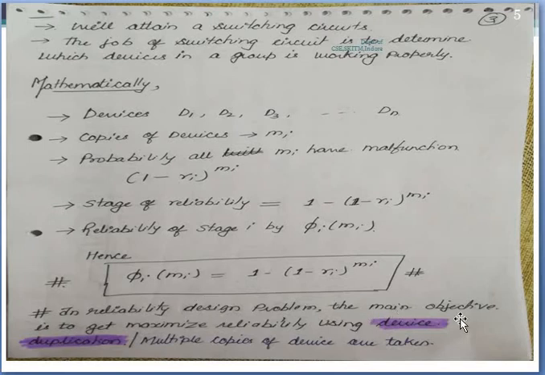In the reliability design problem, the main objective is to maximize the reliability using device duplication. Device duplication means keeping multiple copies of the individual device so that the performance efficiency of the entire system is not affected in any case.